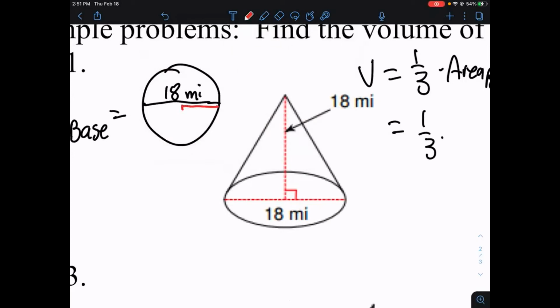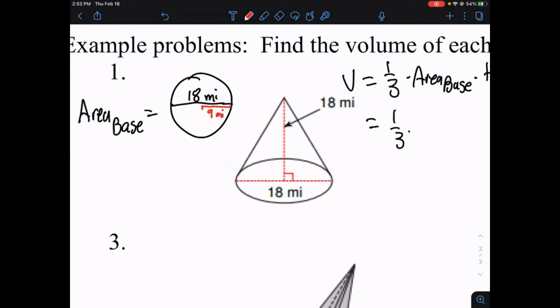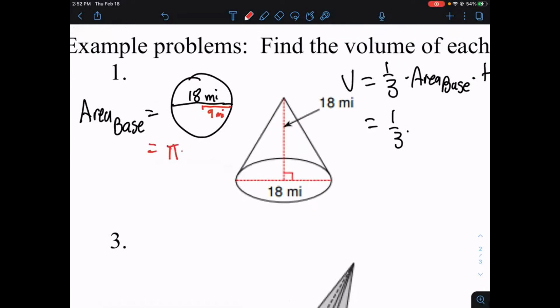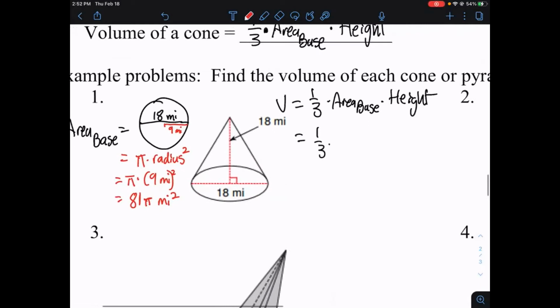So half of 18 would be 9. Area of a circle is pi times the radius squared. So pi times 9 miles squared. 9 times 9 is 81. Keep the pi, and the units are miles squared. So we can substitute that in over here.